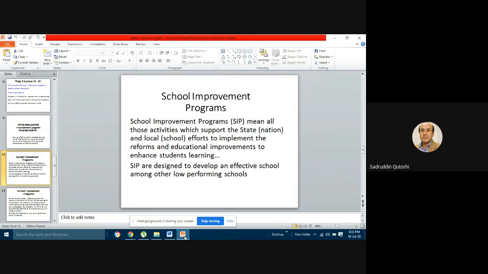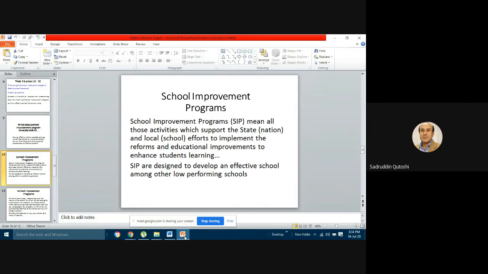State and local means those sets of activities must be in line with the national curriculum, national education policy, local government education policy, your own school's needs and requirements, and your own system of education, the interest of education. As in previous classes we talked about different interests of education, which interest of education do you serve?